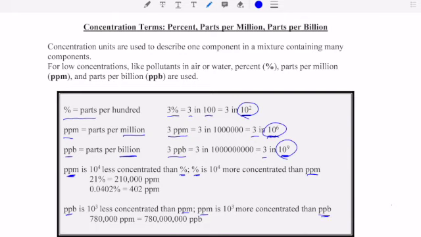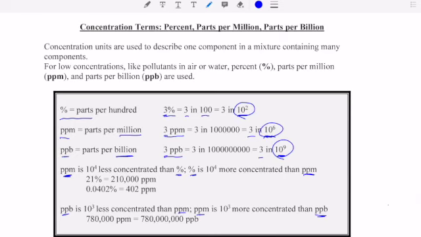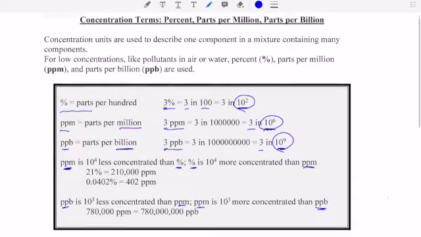So it's important to understand which is bigger, because when you are converting between these units, the number doesn't change, 3, 3, 3, but your understanding of the mixture is going to help you understand which direction to go as far as increasing by tens or decreasing by tens.